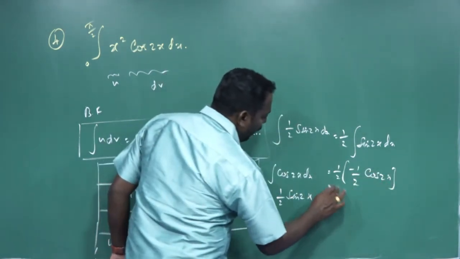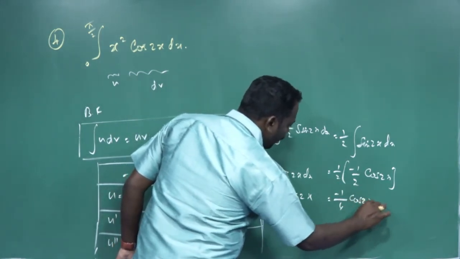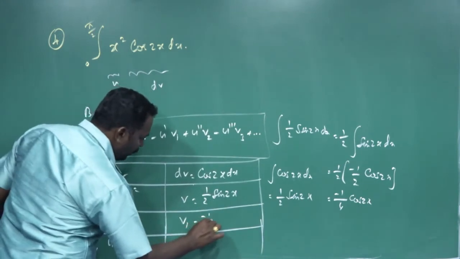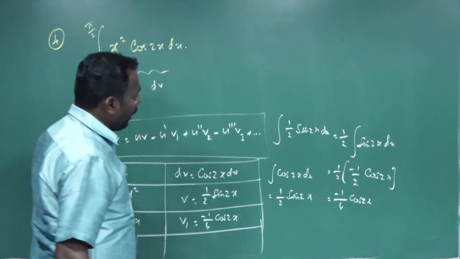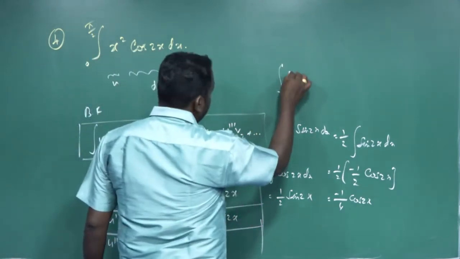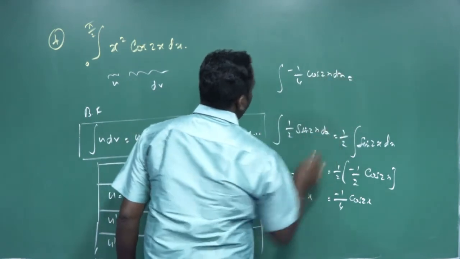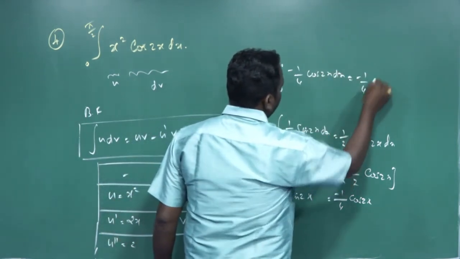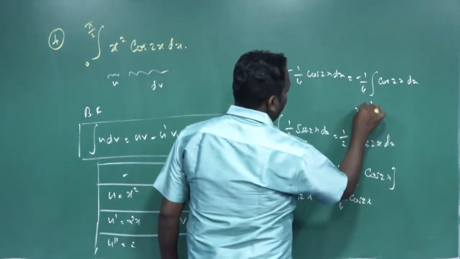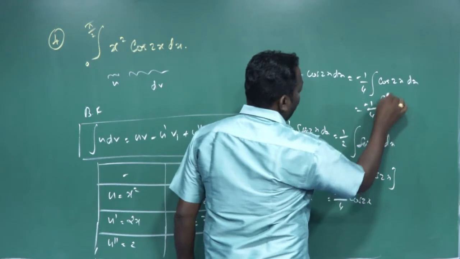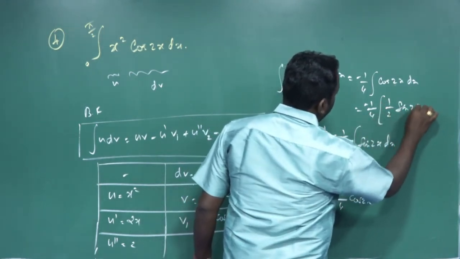Therefore that is equal to minus 1 by 4 into cos 2x. Again we have to integrate minus 1 by 4 into cos 2x dx, which is minus 1 by 4 outside, times the integration of cos 2x dx. The integration of cos becomes sin, with a equal to 2, giving 1 by 2 into sin 2x.